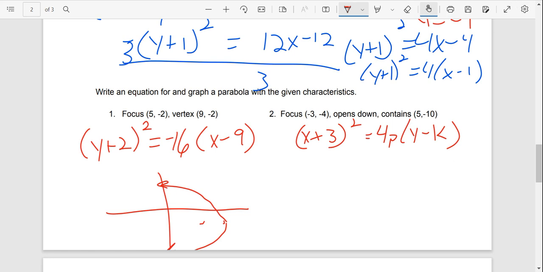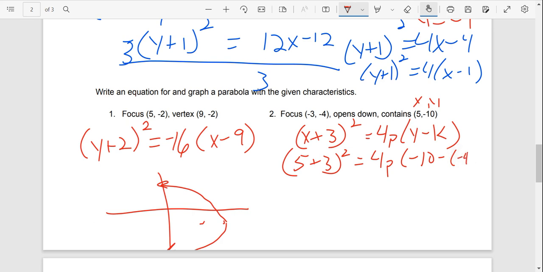Now in order to solve for p, I'm going to plug in our x comma y point. So it's going to be 5 plus 3 squared equals 4p times the quantity negative 10. Now about this k, I'm going to replace k with negative 4, since the focus is at negative 3, negative 4, right?